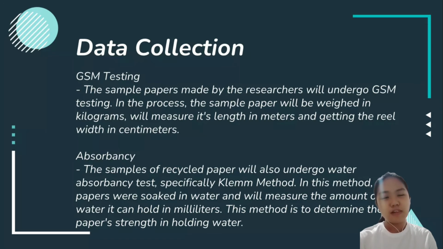The sample paper will then undergo GSM testing. The sample paper will be weighed and measured. In the absorbency test, the papers will be soaked in water and the amount of water they can hold will be measured. In this way, we can determine the strength of the paper in handling liquids.